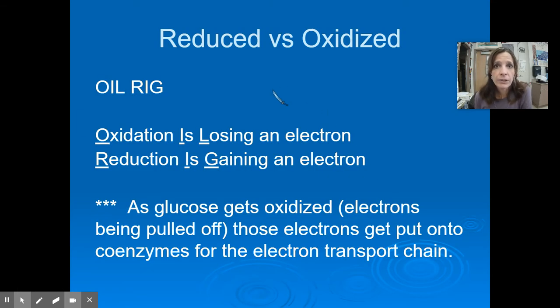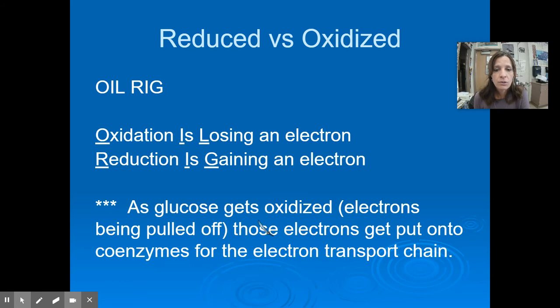Some words that you need to know, and hopefully you remember these from chemistry. If you say a molecule was reduced or oxidized, one of the chemistry teachers taught me to remember OIL RIG. Oxidation is losing an electron, reduction is gaining an electron.